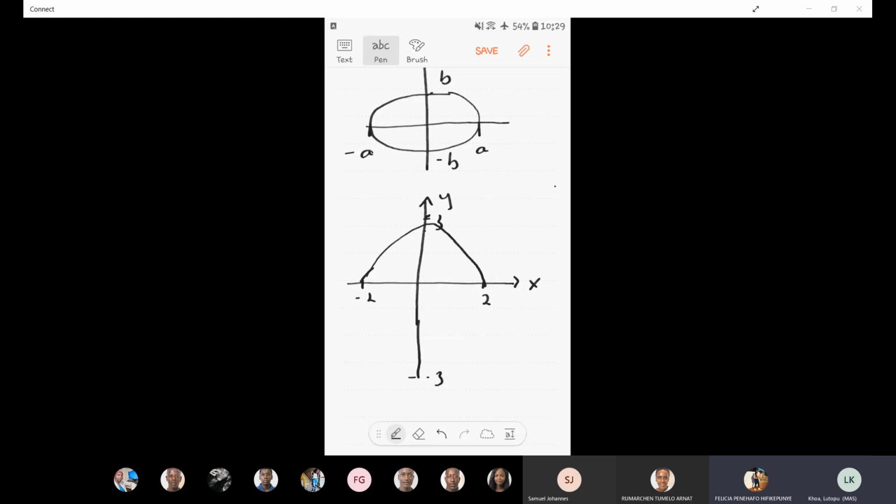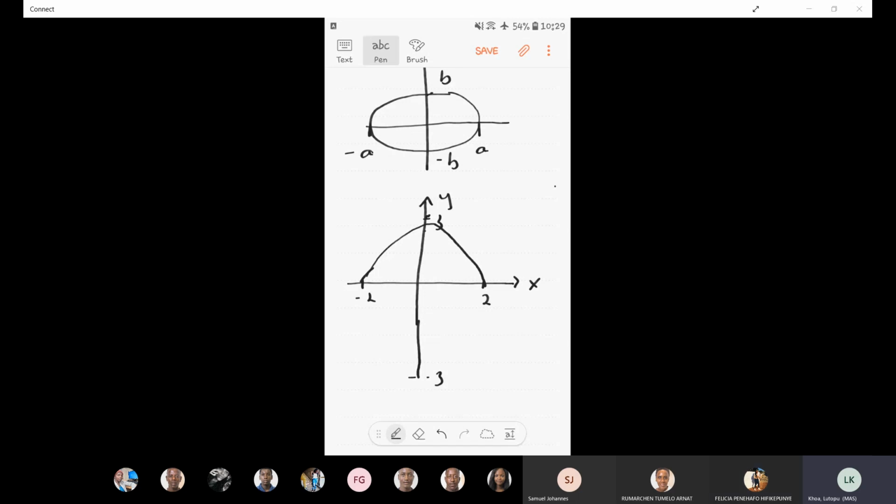I actually have a question. When the root has a 4 and not a 2, what does that mean?